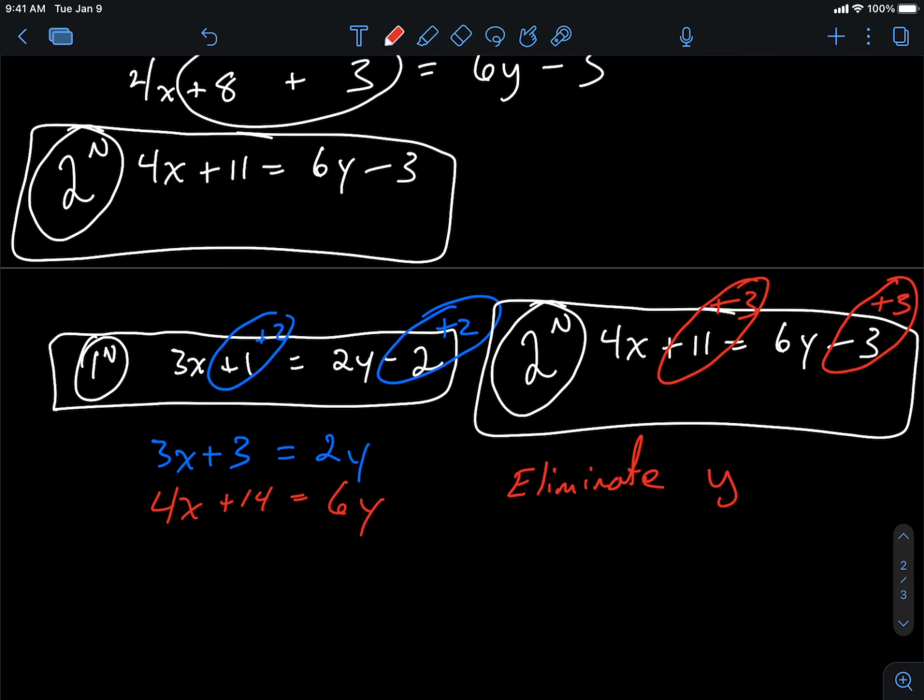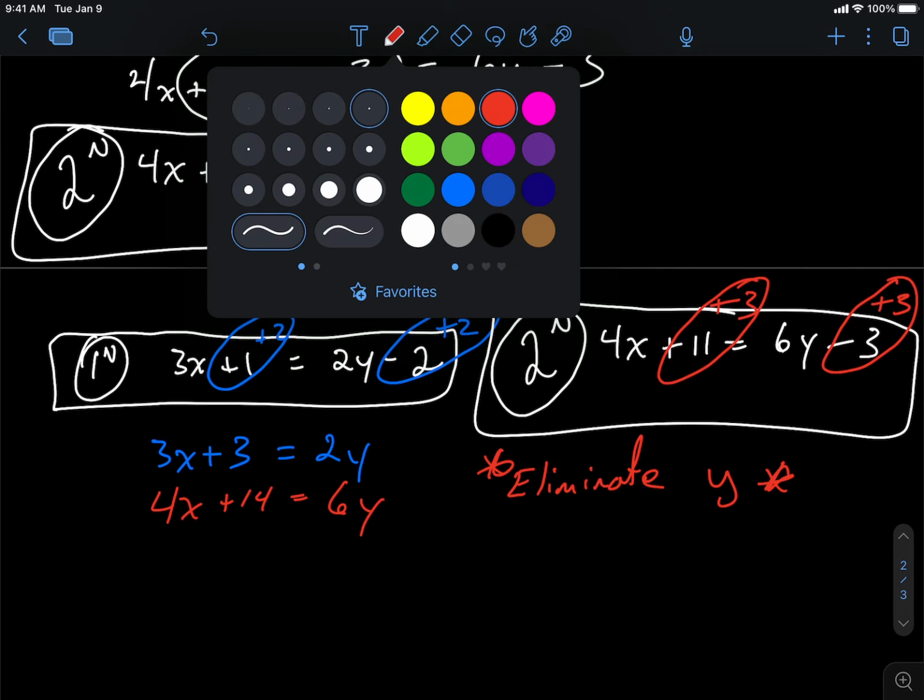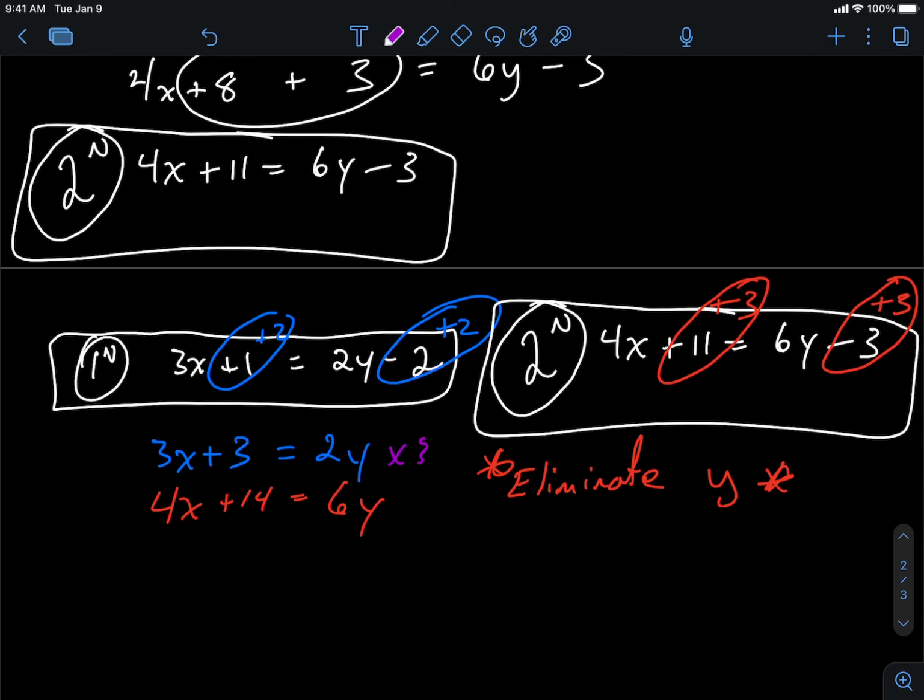And how do I do that? Well, I could take the first equation, the blue one, and if I multiplied the whole thing by 3, then you'd get a new one down here that would turn into 9x plus 9 is equal to 6y.